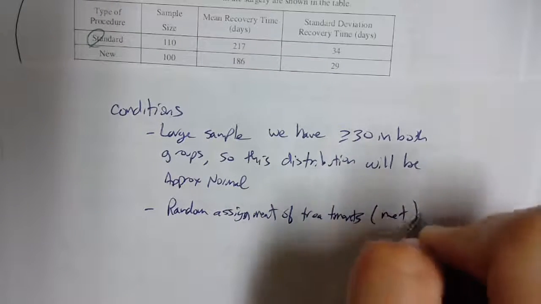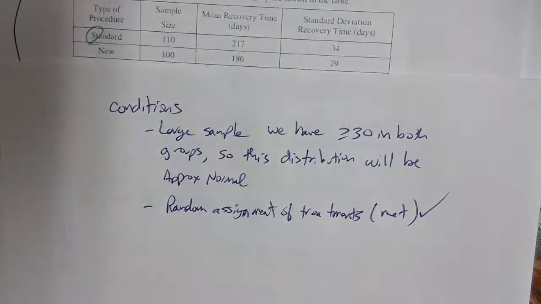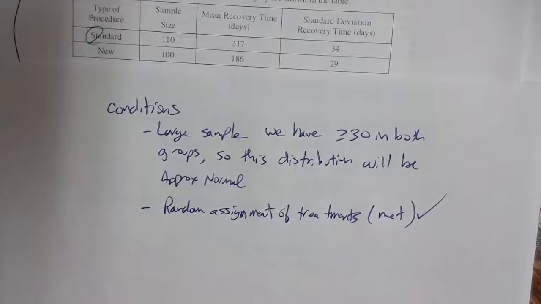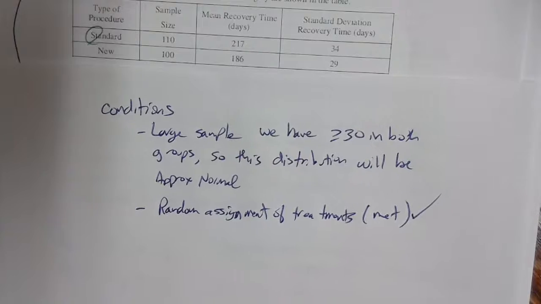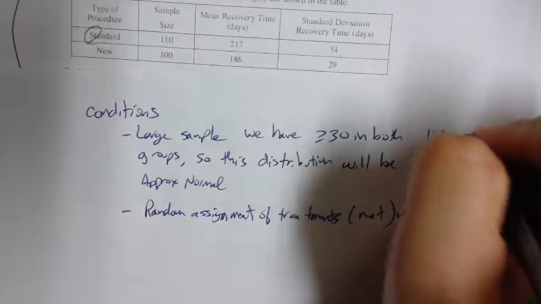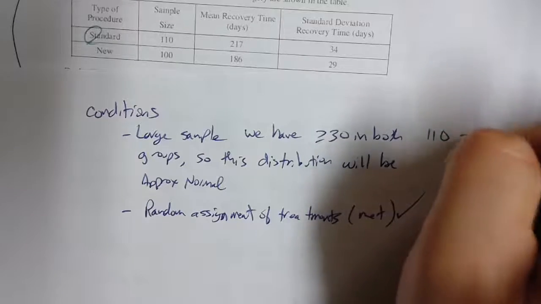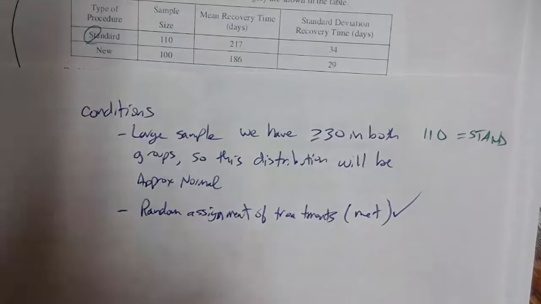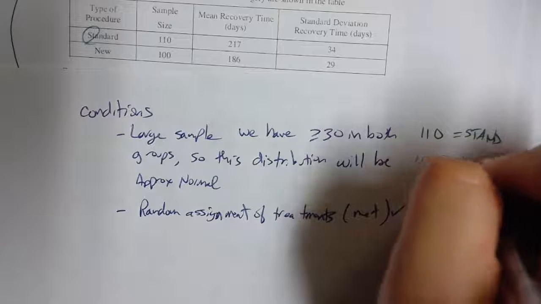We have to have that large sample, and sometimes it's good to even just say what these two sample sizes are. So we had this 110 for the standard procedure, and we had this 100 for the new, and both of those are going to meet criteria for large enough samples.